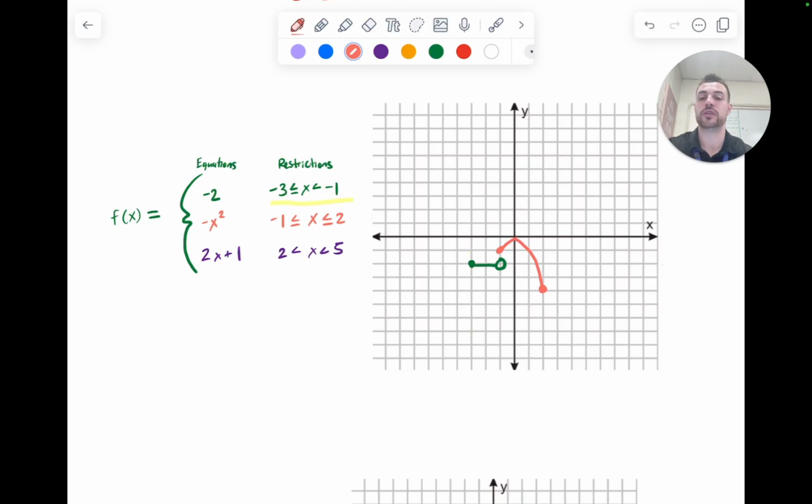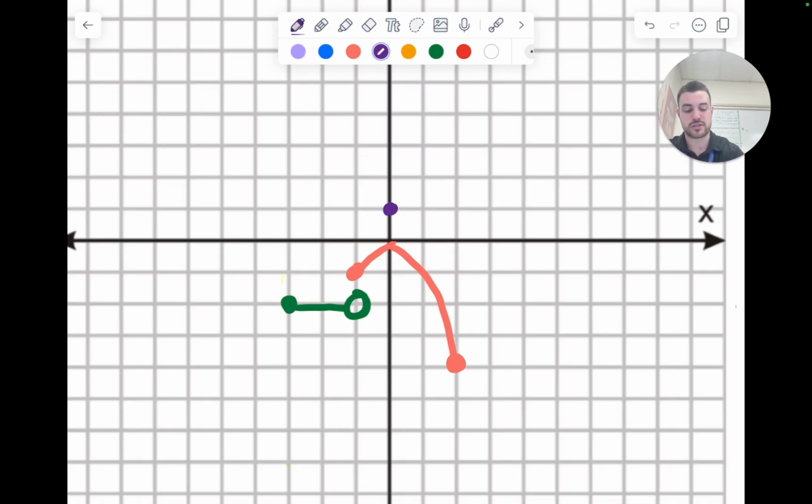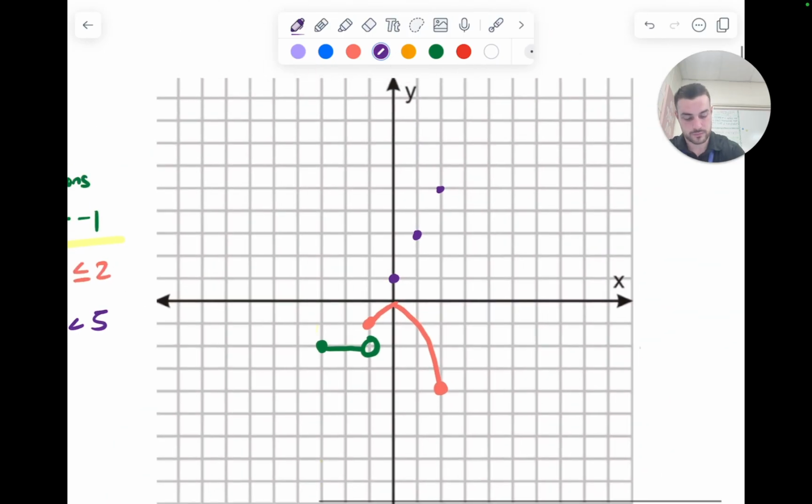The last thing I want to do is create my line, which we've got down here in purple. We've got a y-intercept of +1 and then a slope of 2. Put that point a little bit higher up so we don't ruin some of these. And so our line is going to look something like this.